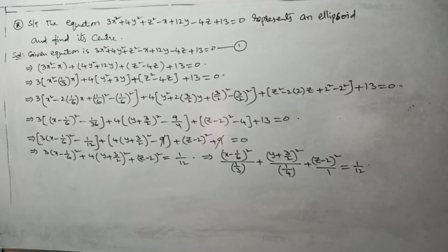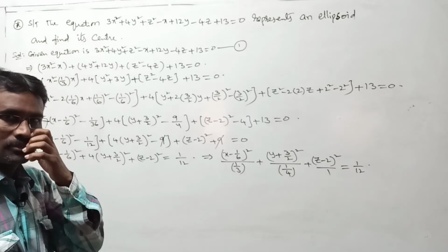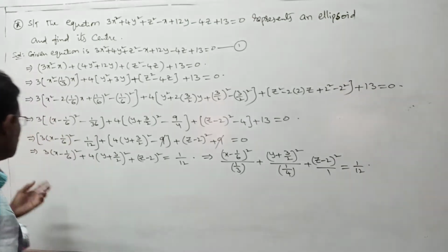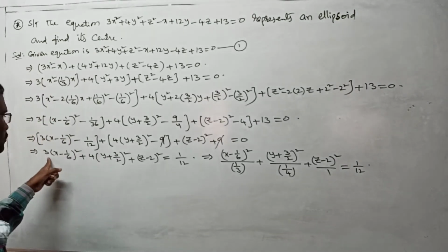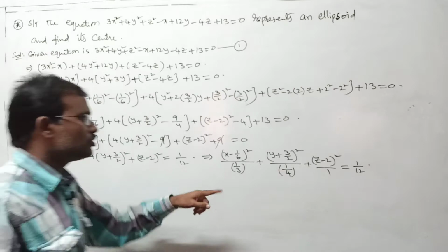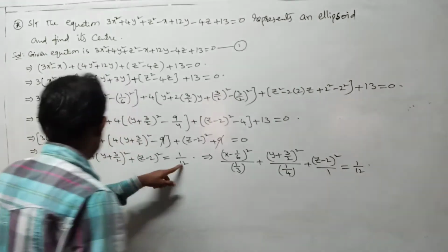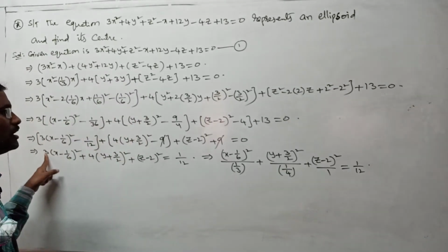After getting that, let us remove the 12 also. Better to remove the 12 here only. If you remove 12 here, you get 3 into 12, which is 36.